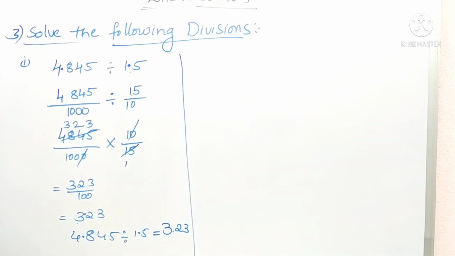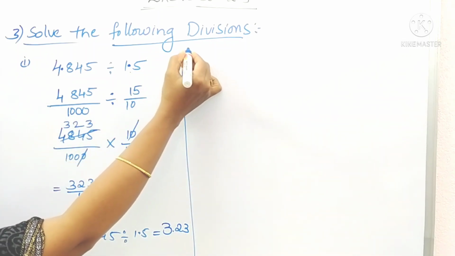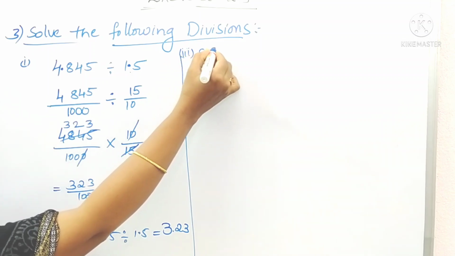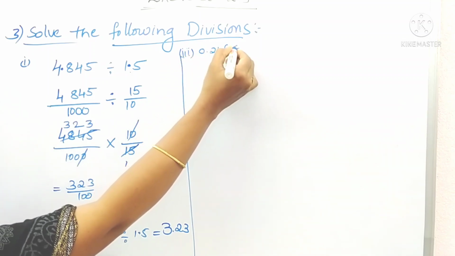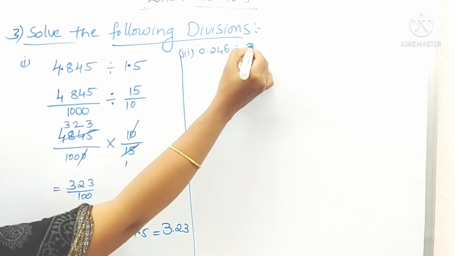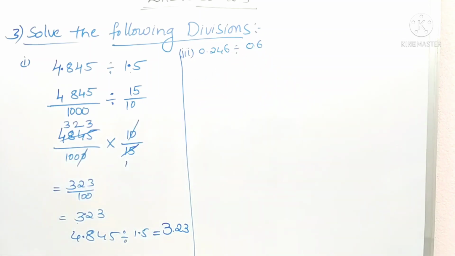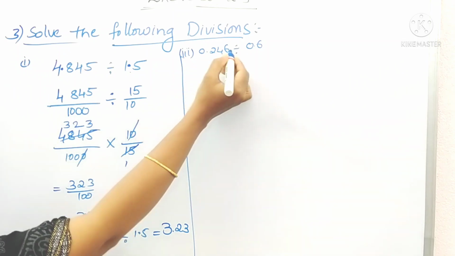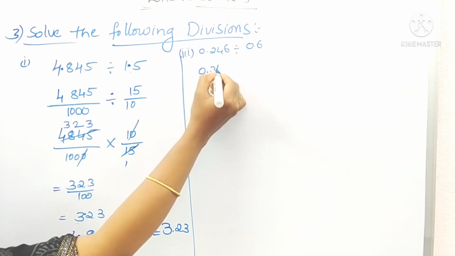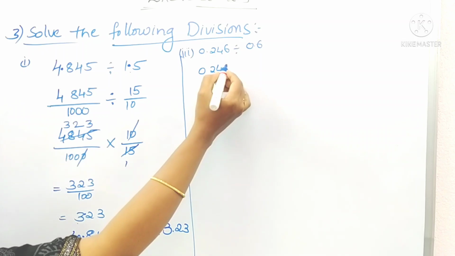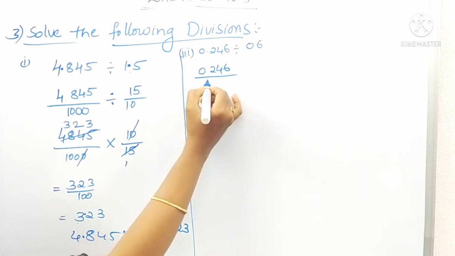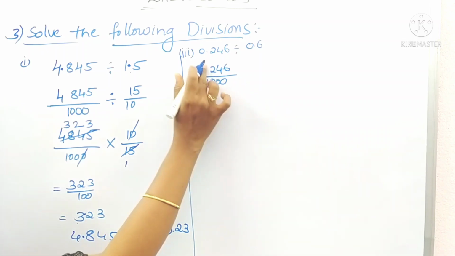So our next one, our third one, 0.246 divided by 0.6. In the numerator 3 digits are there after the decimal point, so remove the decimal point and write 3 zeros after 1 in the denominator.